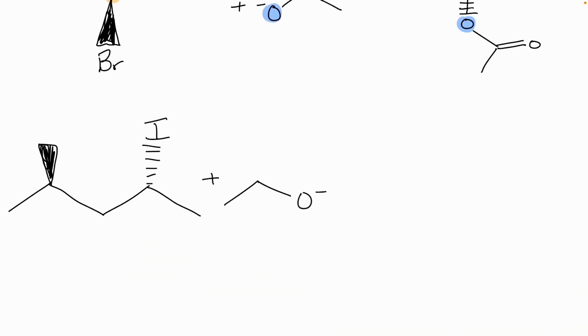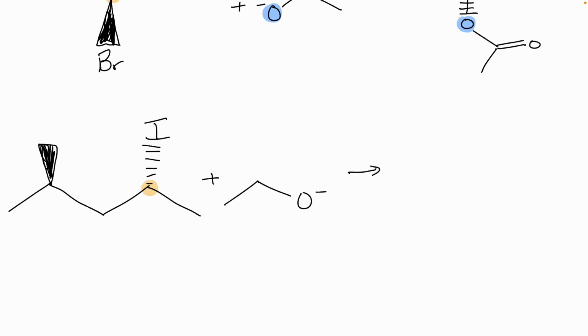Going down to this example here, now I have these two different types of bonds, right? I got this methyl group over here on a wedge and an iodo group over here on a dash. Importantly, my electrophile is where? Is it going to be on the iodo group? On the base of the halogen, right? So on the base of that iodo group, that's where my new bond is going to be formed.